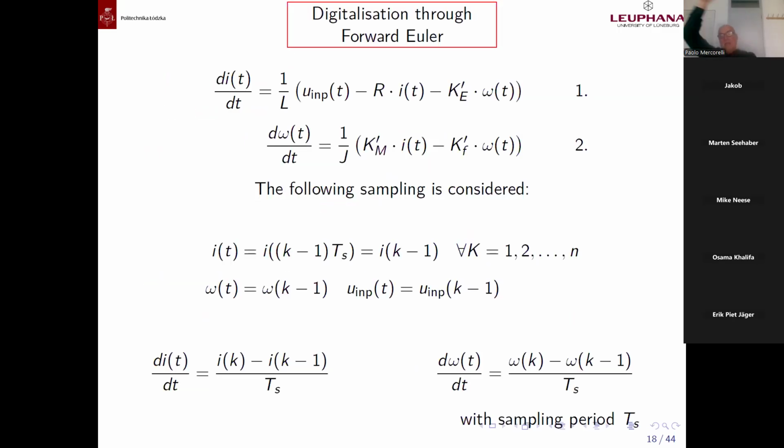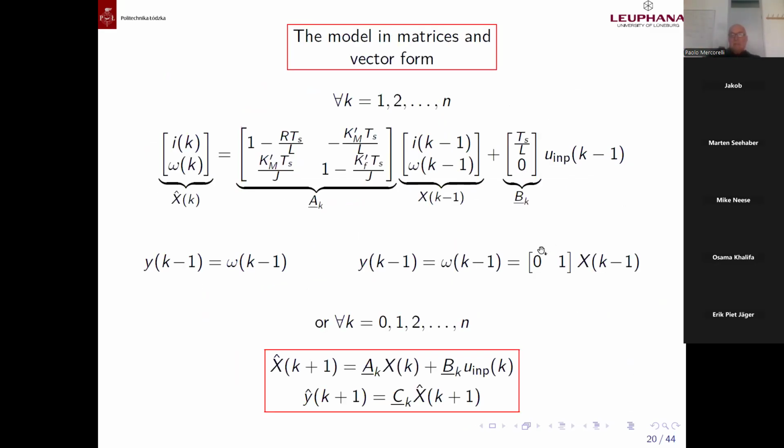The same consideration can be done as before for H and G. And of course, at the end, I can write a final version of the model using the matrices AK, BK, and CK, which are defined exactly as before, but starting from k equals 0. So we have a perfectly compatible representation, whether it starts from 0 or from 1.